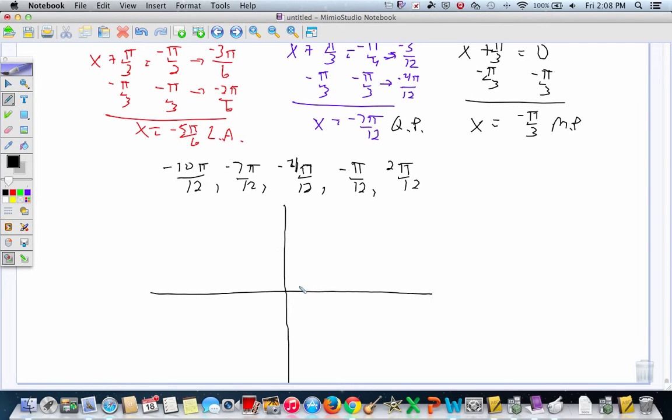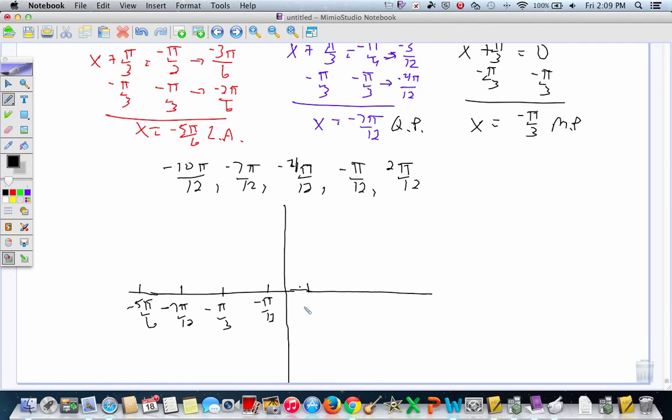Making our x and y axis here. We'll kind of work backwards here. -pi over 12. Let's try that again. Negative is not going to be on this side. So let's start over. -pi over 12 on this side. -4 pi over 12, which is -pi over 3. -7 pi over 12.